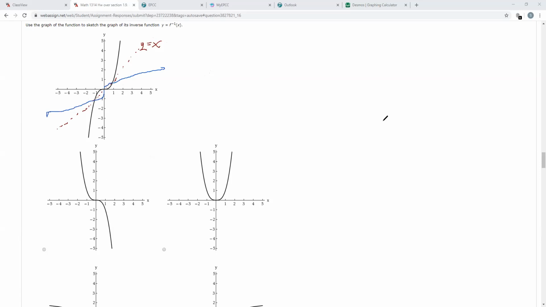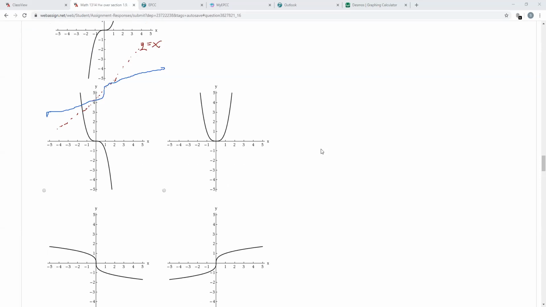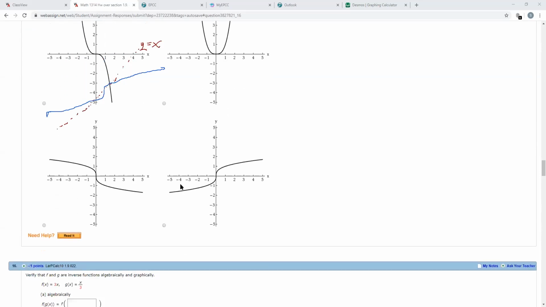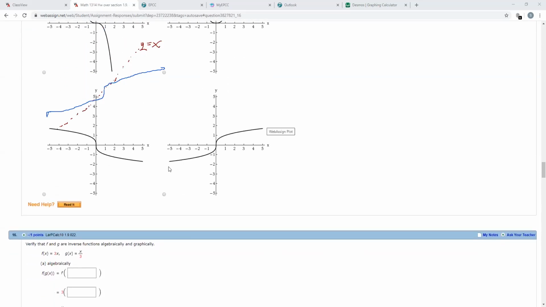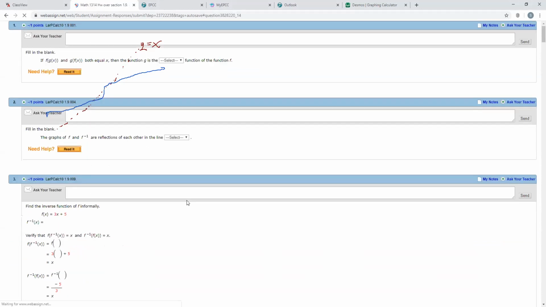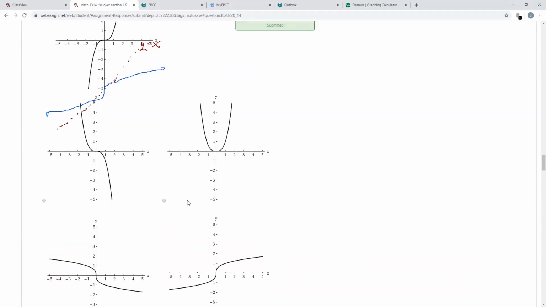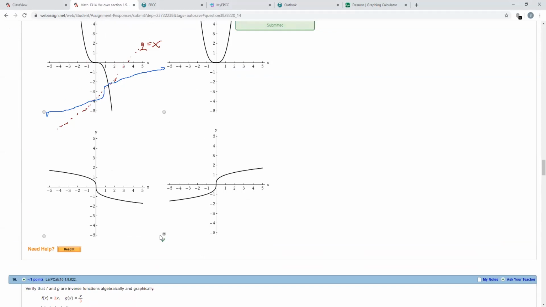And now we look for that one. And the only one that's close to my scribbling here is this one. So it better be that one. And we have it. Green check. Okay. Hope that's okay.